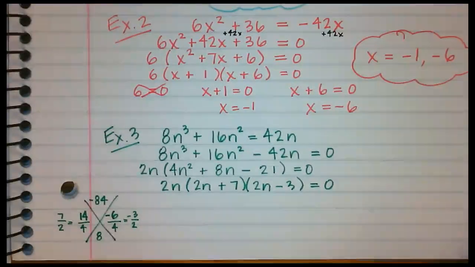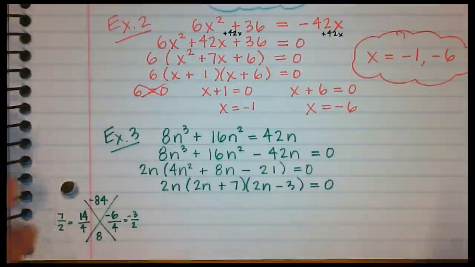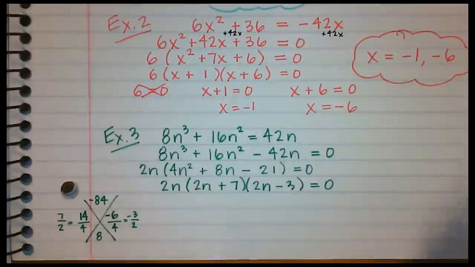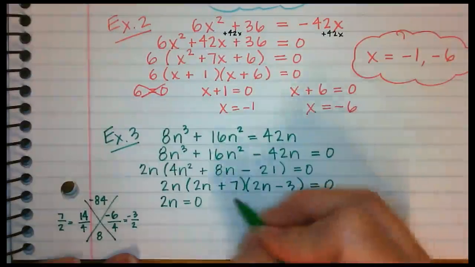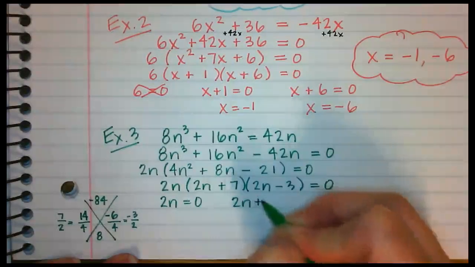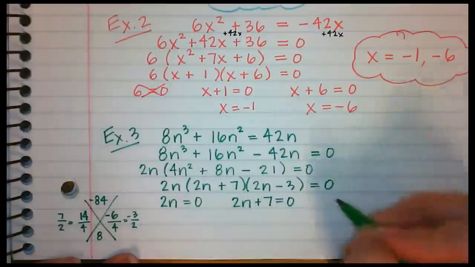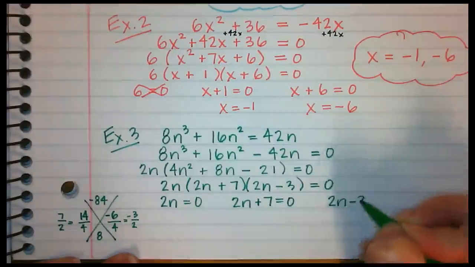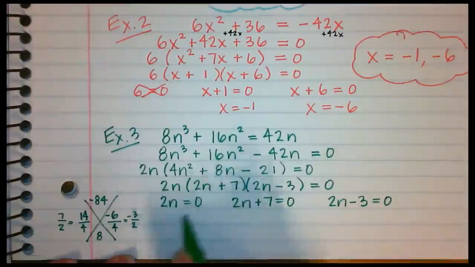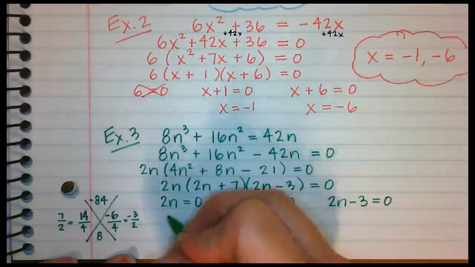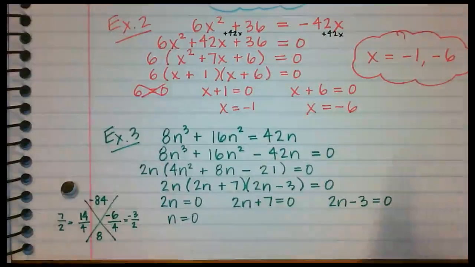All right, so now what I need to do is step 3, which is to set each factor equal to 0. So I'm going to say 2n equals 0, 2n plus 7 equals 0, and 2n minus 3 equals 0. So now I need to go through and solve. So here I would divide both sides by 2, so n is 0.